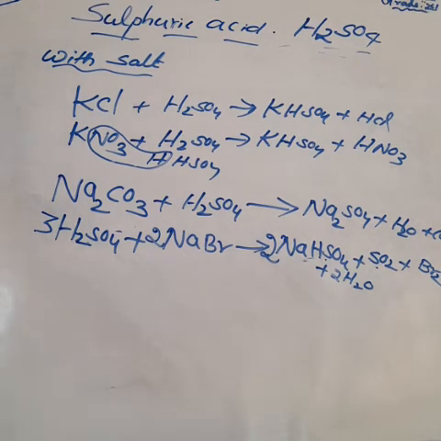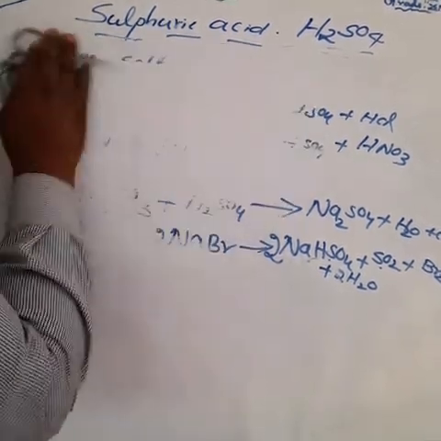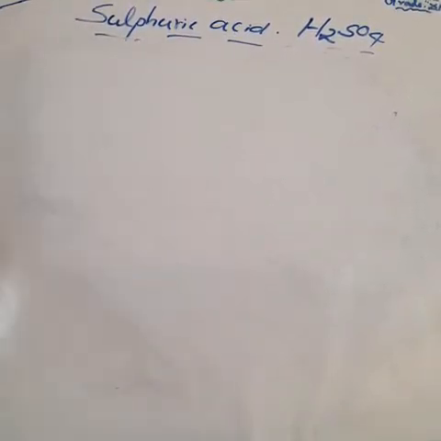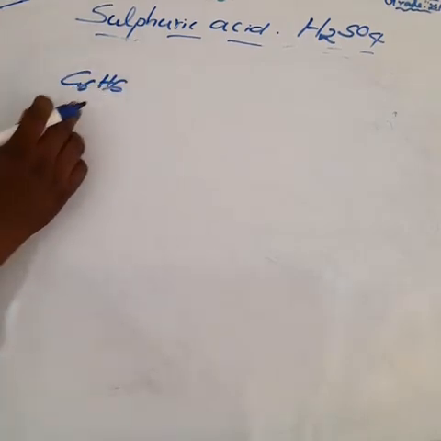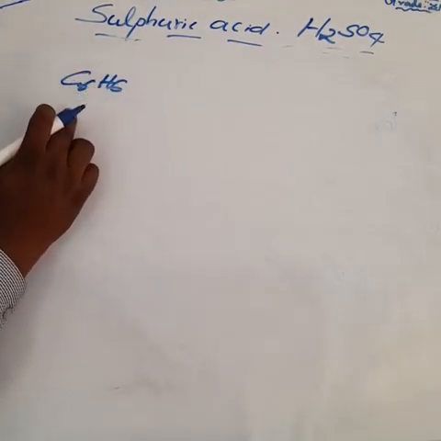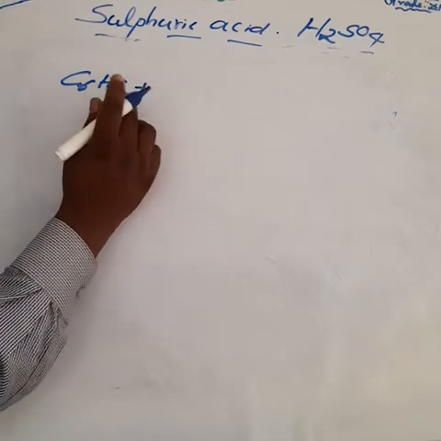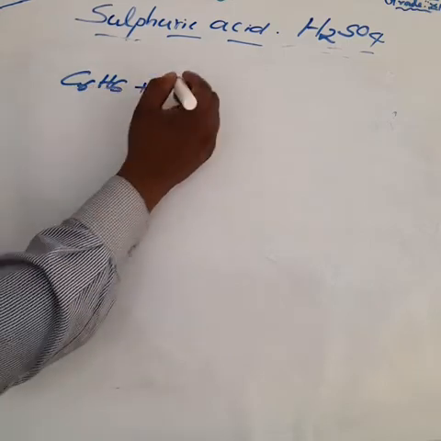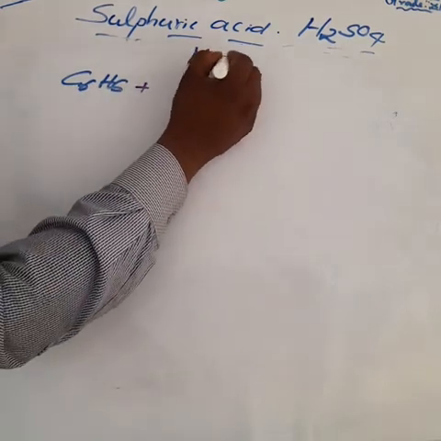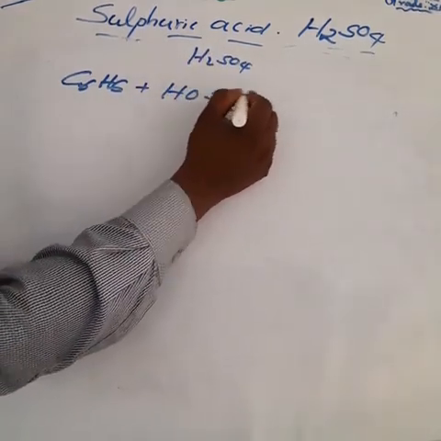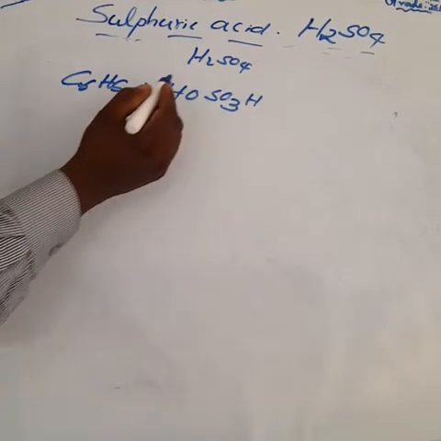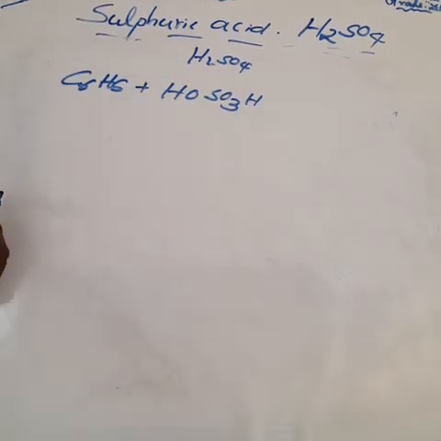Next, one of the very important questions: reaction with organic compounds. One of the organic compounds, I am taking benzene, C6H6. Here sulfuric acid H2SO4 can be written as H2OSO3H. What is the formula of sulfuric acid? H2SO4.